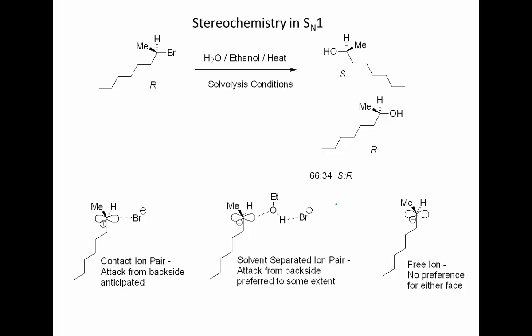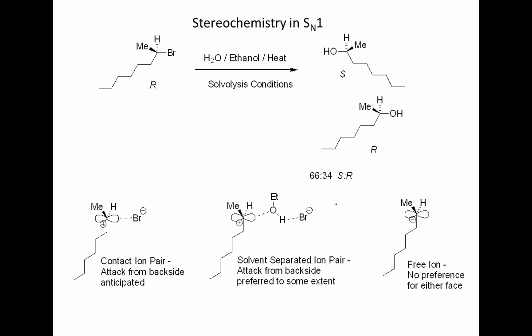In the result that you see here at the top, the R-2-bromooctane is reacting with water and ethanol and heat, basically solvolysis conditions, to produce the alcohol.